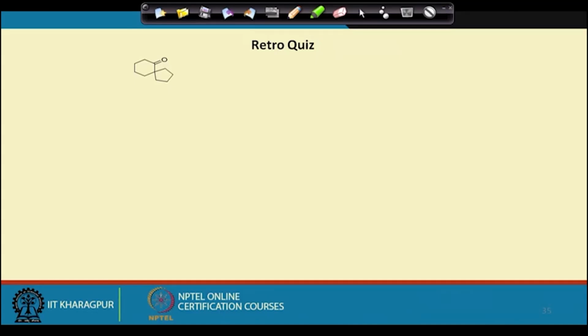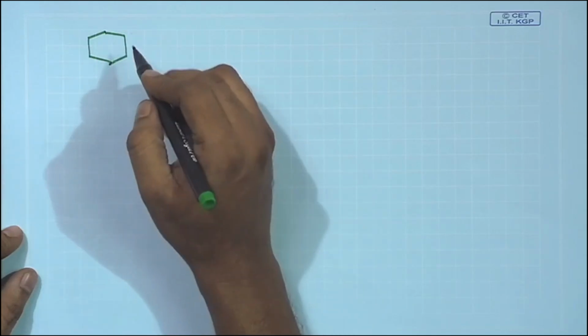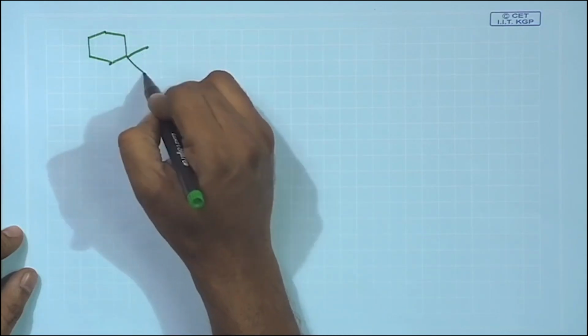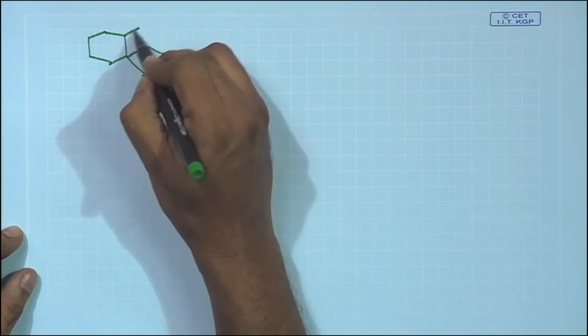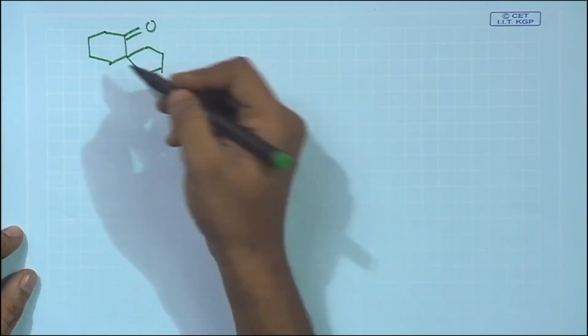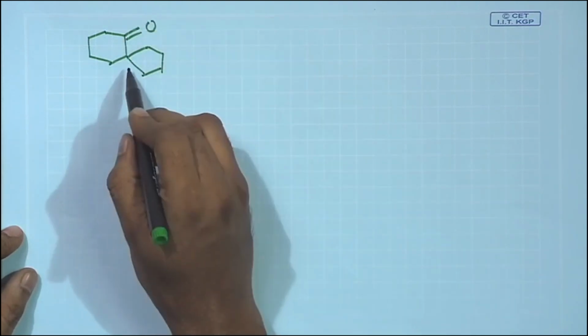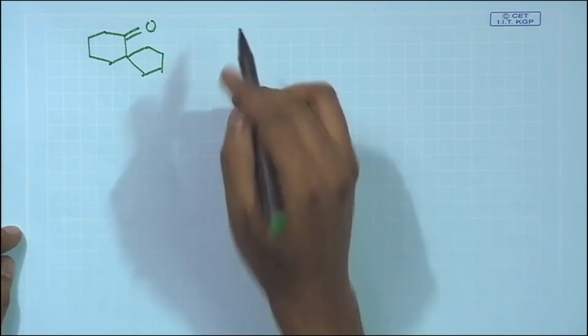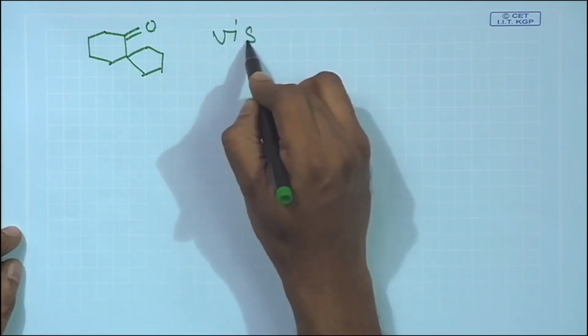Start the game. At the very beginning we have a molecule which you can see. It is a cyclopentane and cyclohexane based compound. It is a spirocyclic compound. As I said, you start with a visual dialogue, or visual communication, with this molecule.